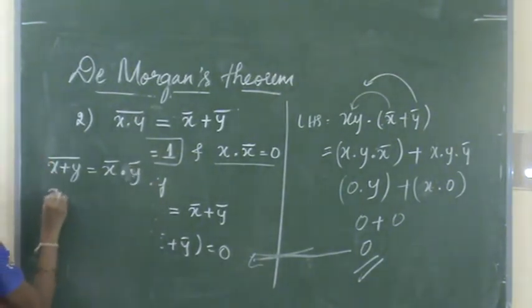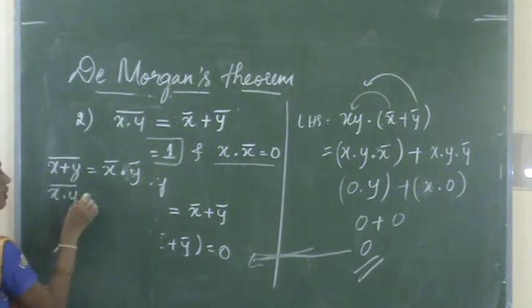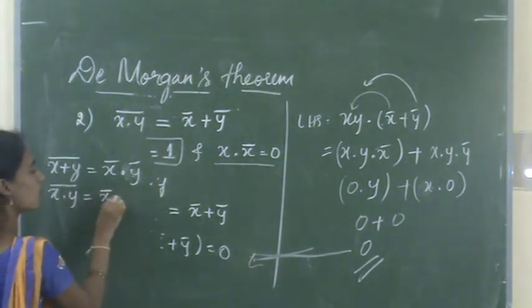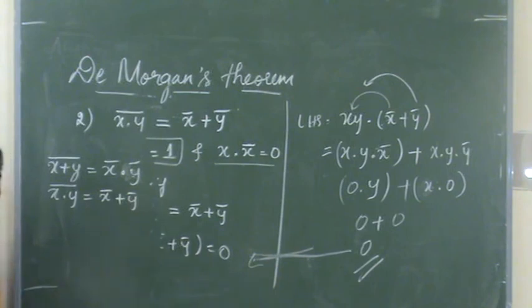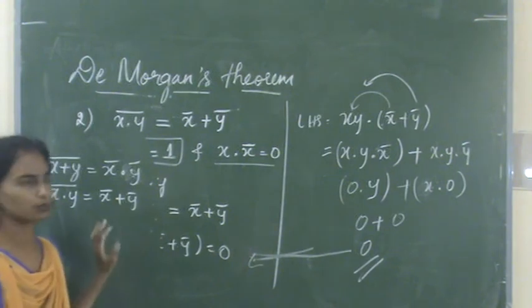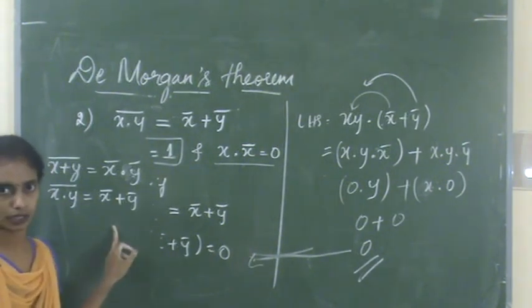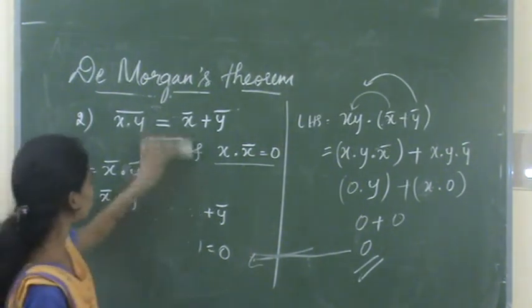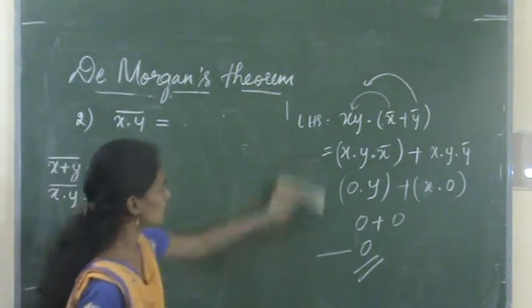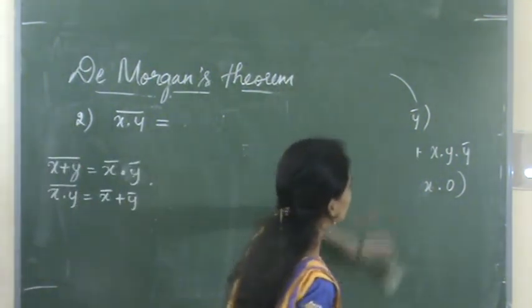So if you are taking x and y, the other is the individual complement of the AND operation. Okay. So these are the two De Morgan's theorems. It is very, very important. Okay. So after this, you have to write a truth table for both these De Morgan's theorems. Okay. So I will tell you how to write it also. You just complete it by filling in the values.